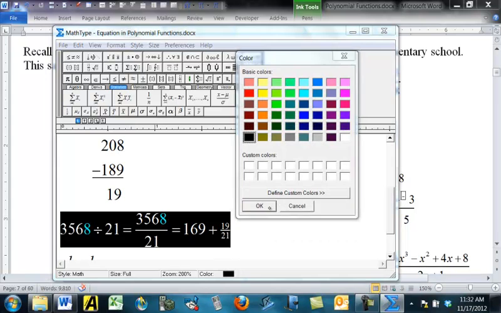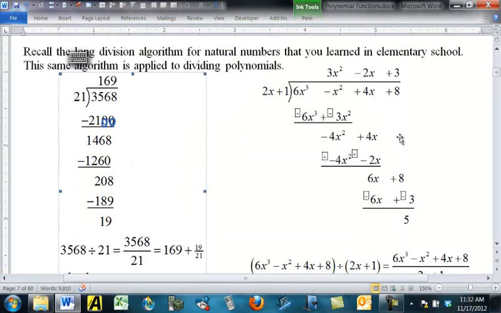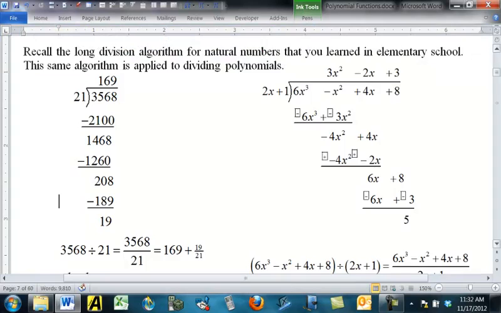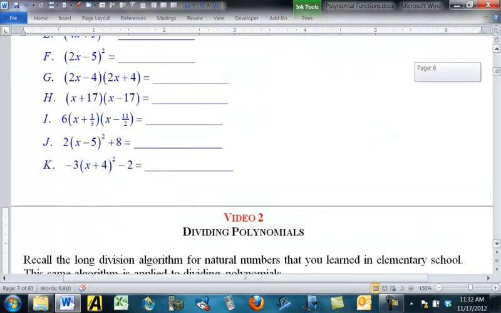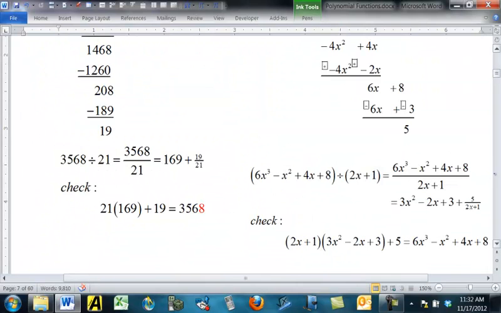So, how do we check this? Well, we can check it like as you see here. 3,568 divided by 21 can be written in mixed number form as 169 plus 19 over 21.